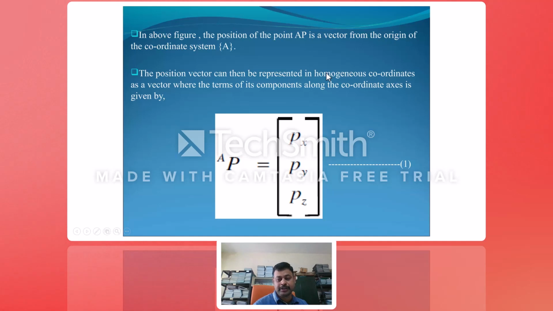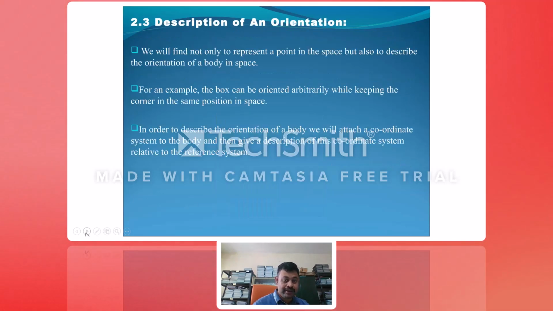If you want to put this position into the form of a matrix, it is px, py, pz. That means point P is at that much distance from the x-axis, y-axis, and z-axis.